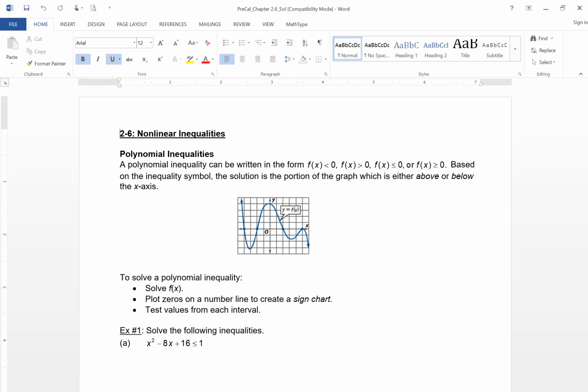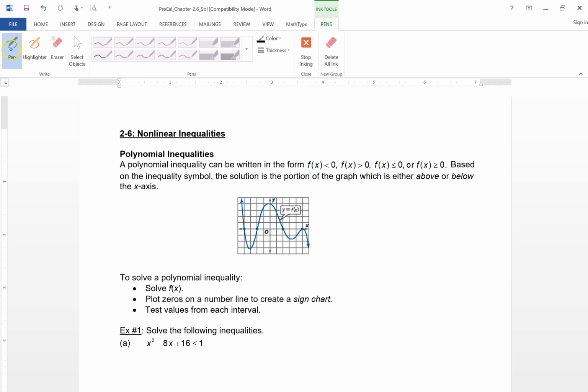We have seen inequalities before, but most of the time they've been linear inequalities, meaning it's something that looks like x plus 3 is greater than 5, right? And what we would do is we would then say, okay, so that means x is greater than 2.